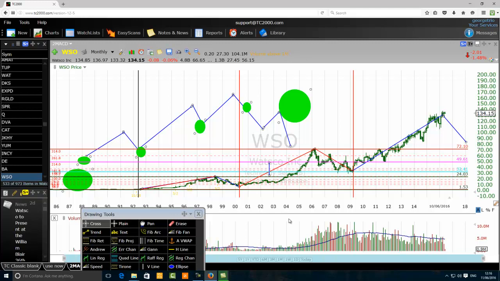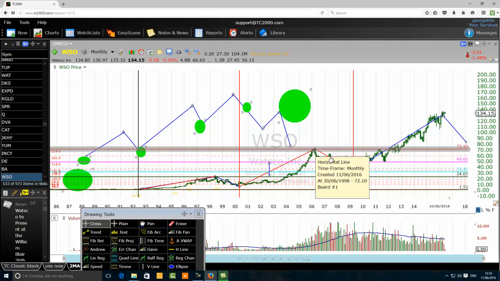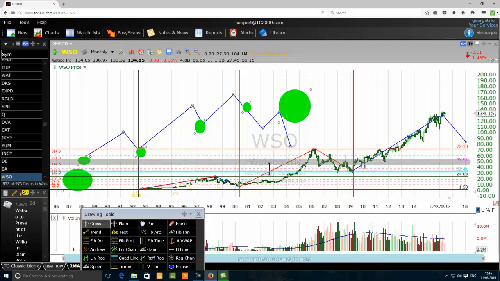So the point I want to make to you is that here we are now. We have used the magnitude of the first wave to forecast the second wave. Now how do we deal with the third mini cycle?